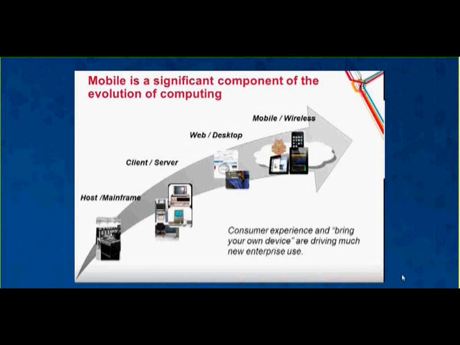Many of us then migrated to the web, using the web on our desktops, and now mobile is really consuming all of our focus. As we began to adopt mobile devices as consumers, we then brought them into the enterprise world.